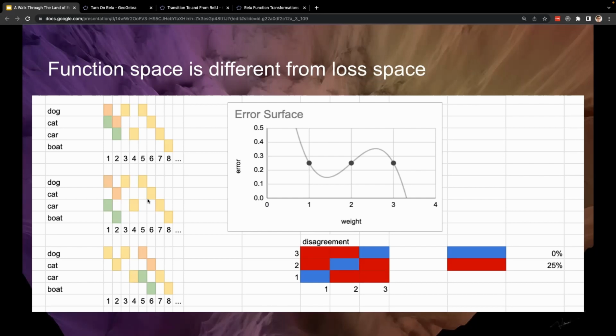In the cases where it's wrong, the numbers might be so small that if it guesses cat and it's wrong, and the second one might be dog, the ordering might be off and the numbers might be quite close to each other, because we're talking about things that are wrong.